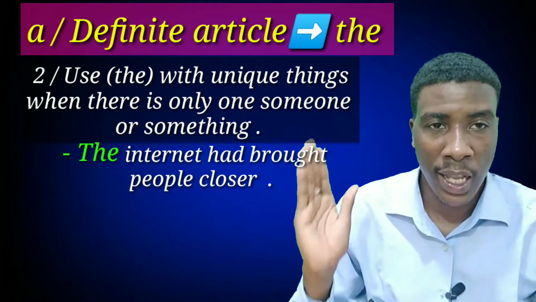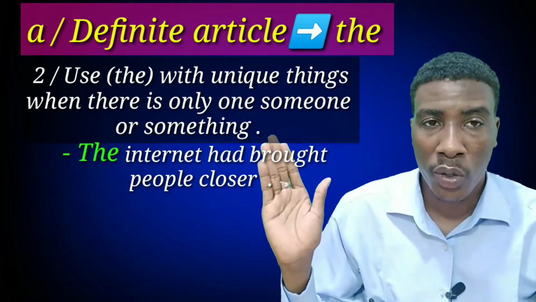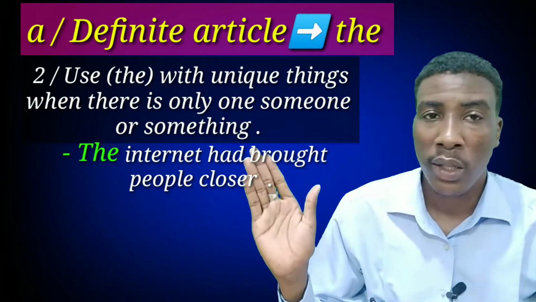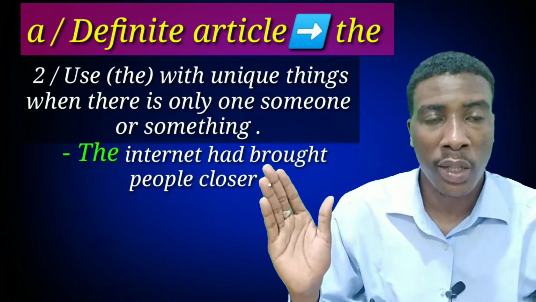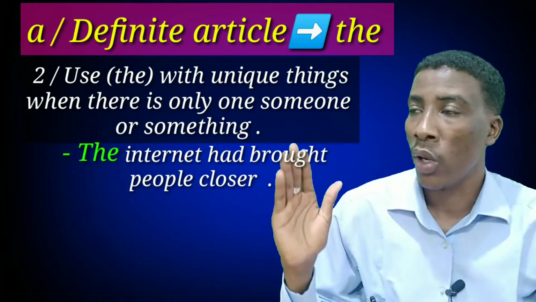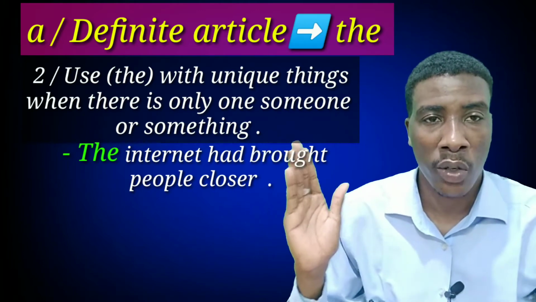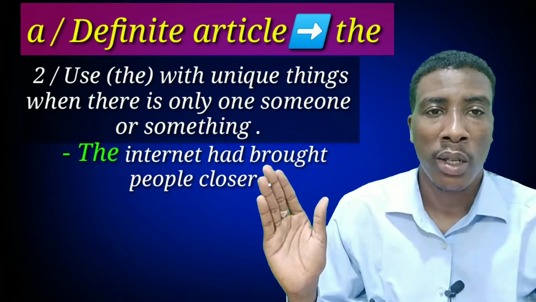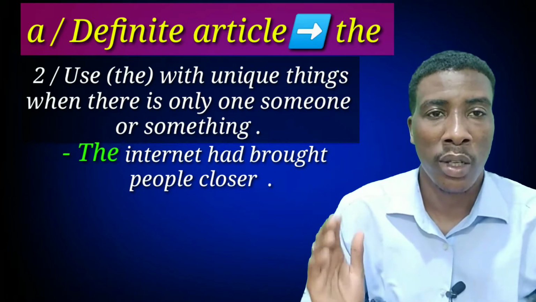So, the sun. For example number 2, the internet has brought. The internet is also unique, so we use the internet. The is an article, internet is a unique thing.